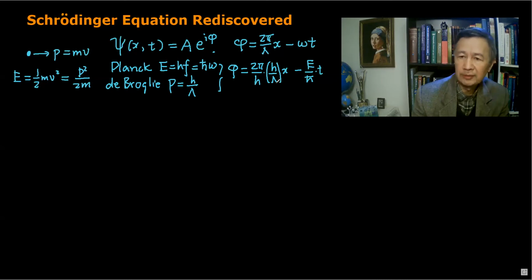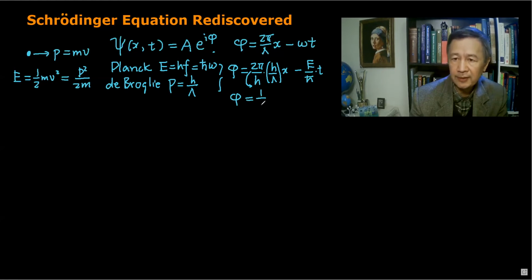The first term, h over lambda, is exactly the momentum. And if we move the 2 pi to the denominator, we get h bar. So based on these results, we can rewrite the phase formula as 1 over h bar, p multiplied by x minus E multiplied by t.